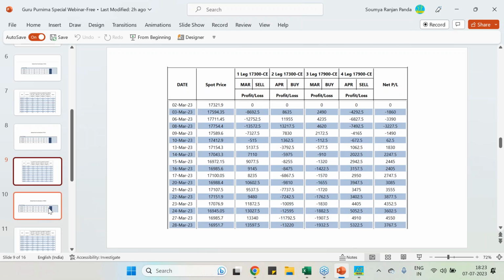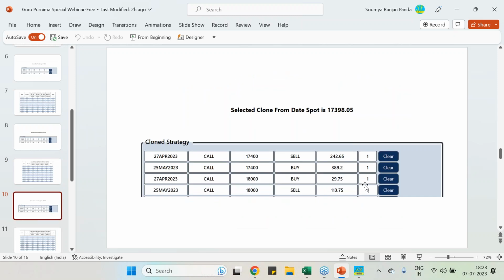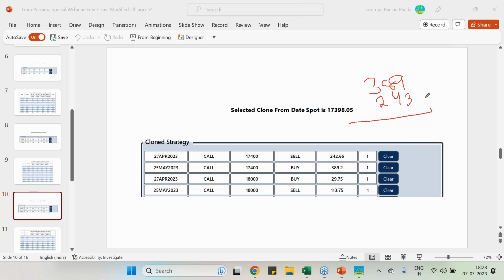Let us see for April. April we have also formed in the same order. But see what happened in April. This also has a slight deviation. 389, 243. So here the difference is 146. 146 is the spread between April and May.